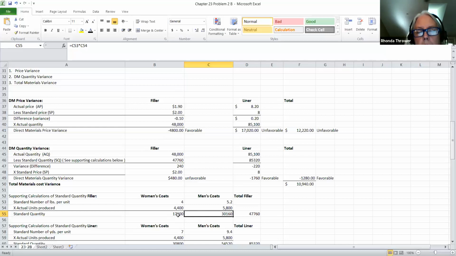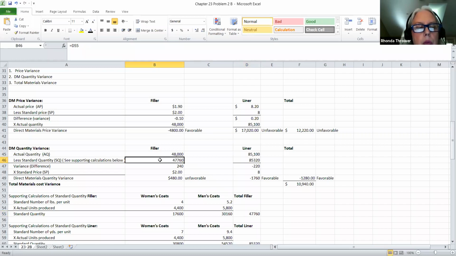Then you're going to take the amount of filler it took for the women's coats plus the amount of filler for the men's coats, and the total filler, which is the standard quantity, is 47,760 pounds. And that is going to be substituted in right here.